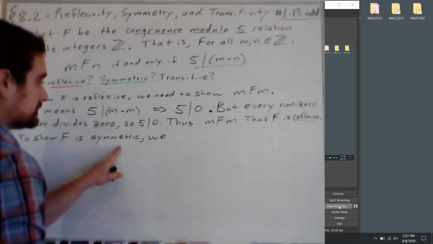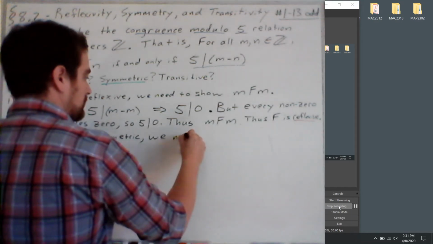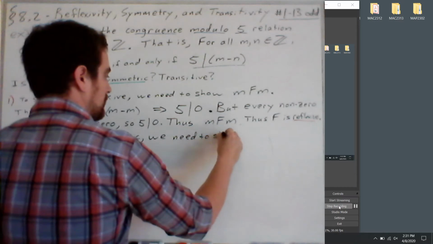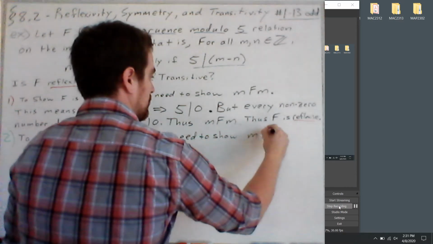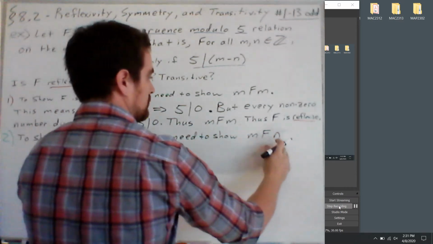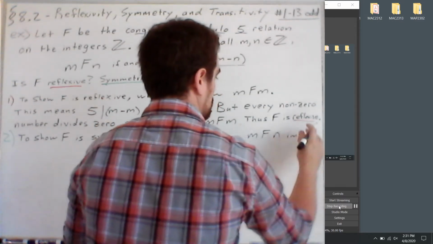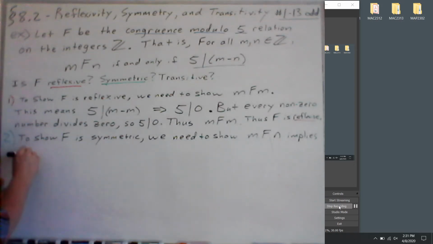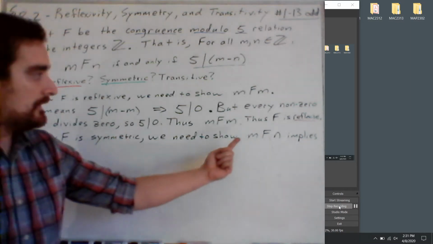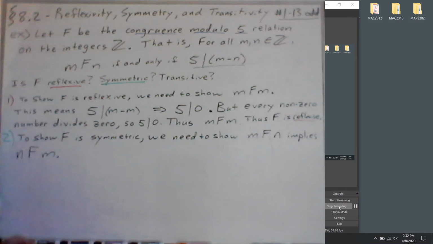To show f is symmetric, we need to show m, f, n implies n, f, m. All right, look at the definition of symmetry. If m relates to n, then n relates to m, gives us our symmetry.